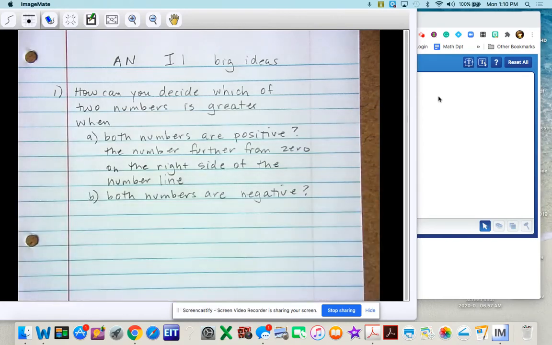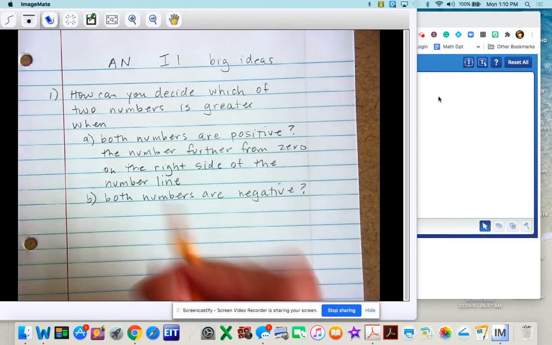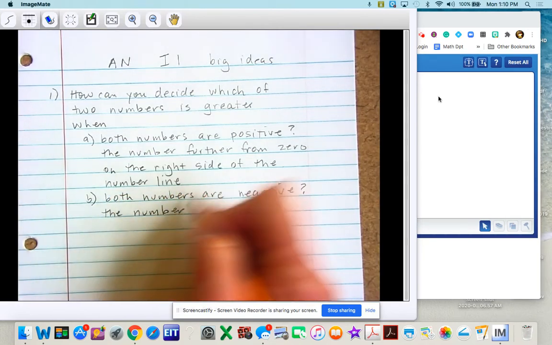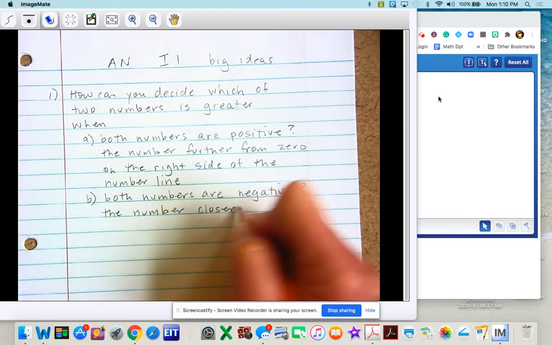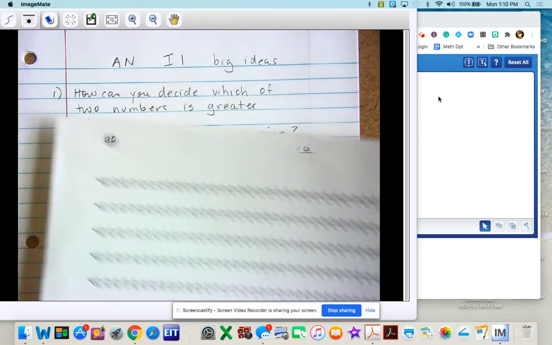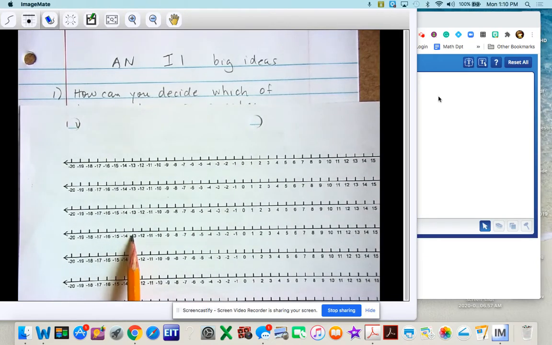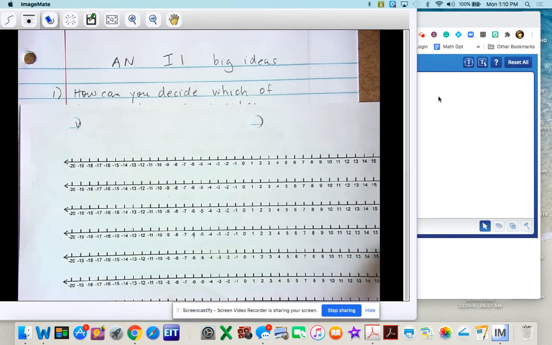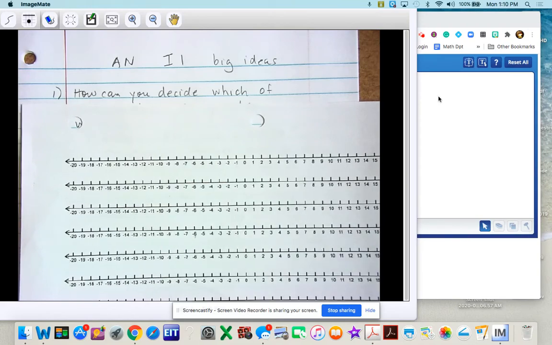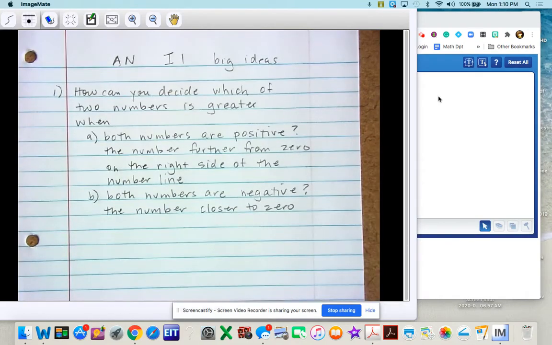The greater one is going to be the number closer to zero. I know that kind of bugs people sometimes because, like, if I have negative 13 and negative 6, which one is greater? It's going to be negative 6 because it's further to the right. So larger numbers over here, smaller here. The further you get away from zero on the left-hand side, the smaller the number. The further you get away from zero on the right-hand side, the larger the number.